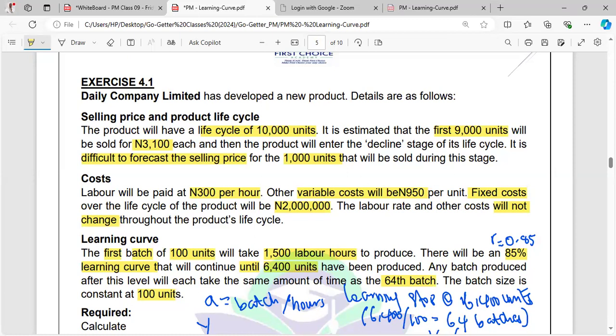But in this question, we are not supposed to even look for B, because our B was given to us here.